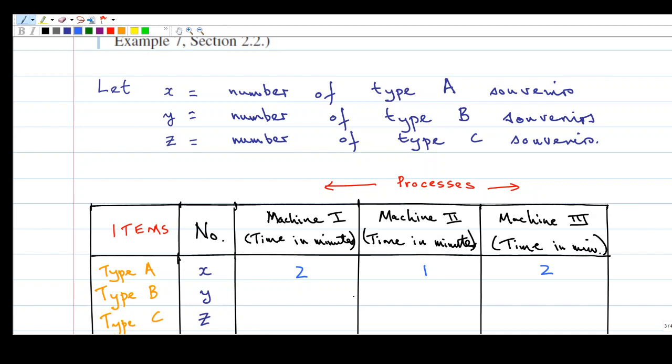The same now if you look at the type B souvenirs, the part that's underlined in dark green, it's 1, 3, 1 in each of those, the number of minutes in each of those machines, machine 1, 2, and 3.